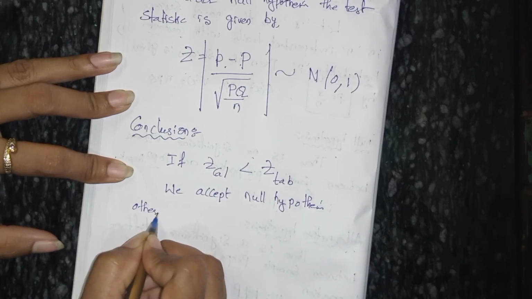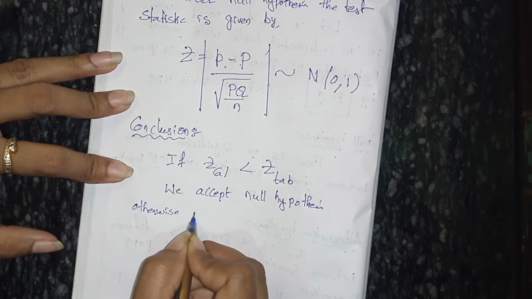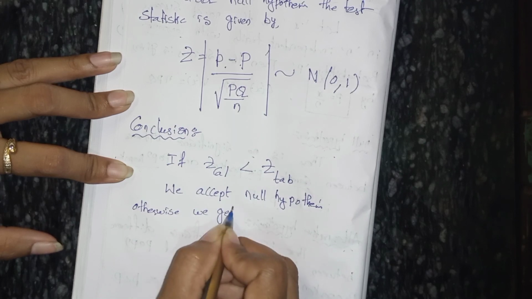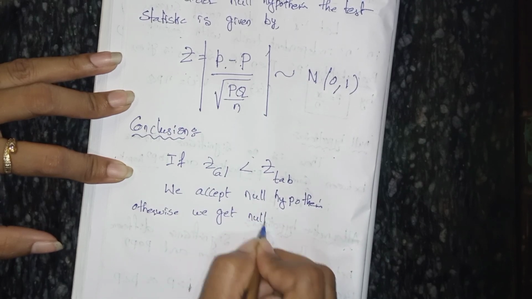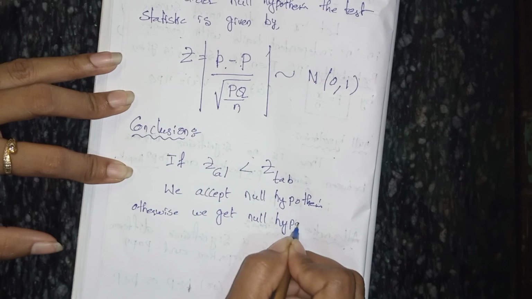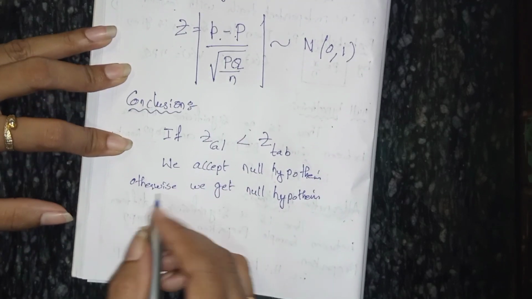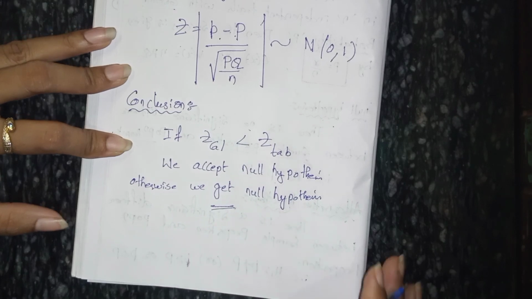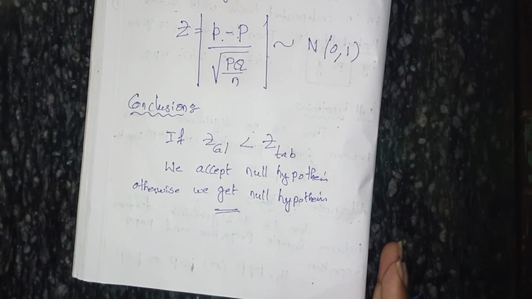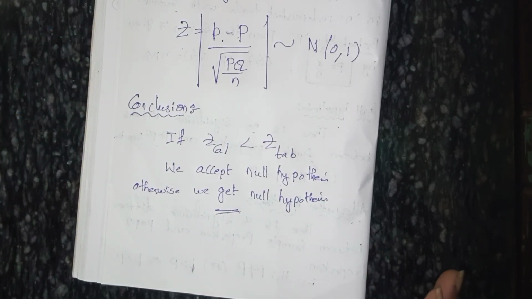Otherwise, we reject the null hypothesis, that means we accept the alternative hypothesis. So this is the test procedure for single proportion.